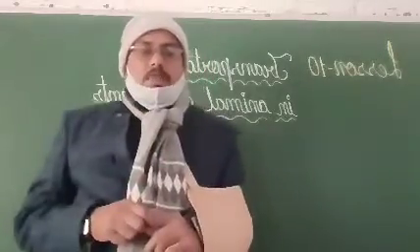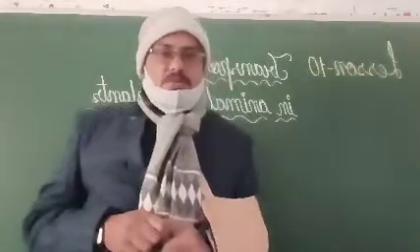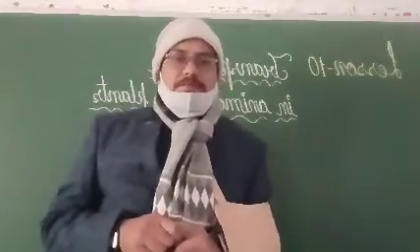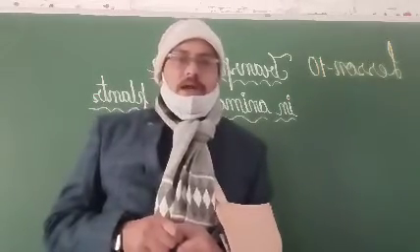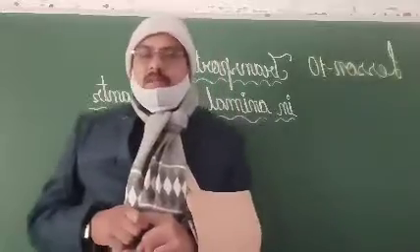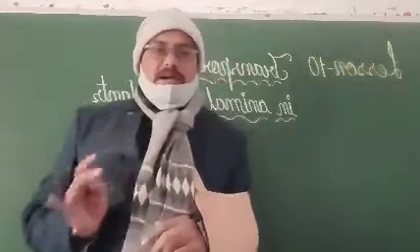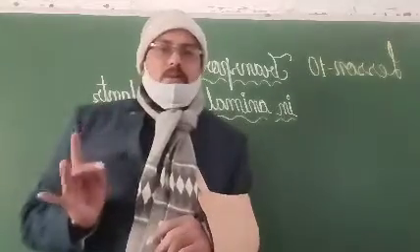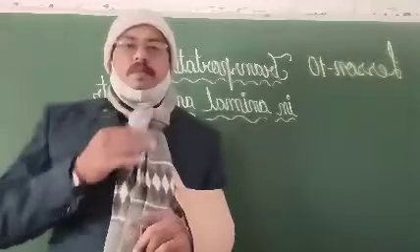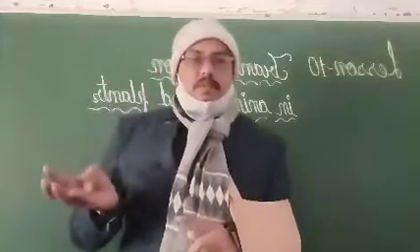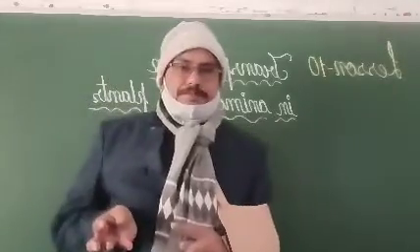Now I want to say that there are basically four types of blood groups: A, AB, B and O. Student, blood group A, blood group B, blood group AB and blood group O. Blood group O is called the universal donor.